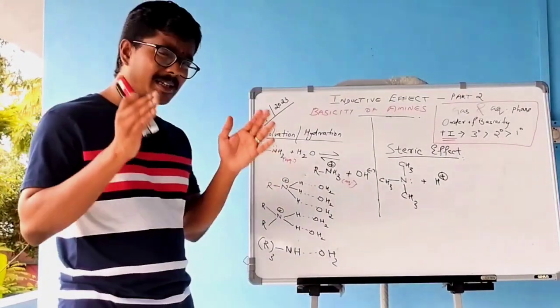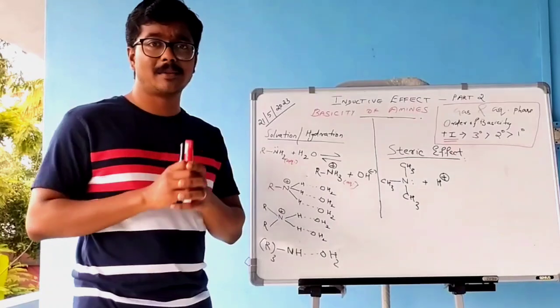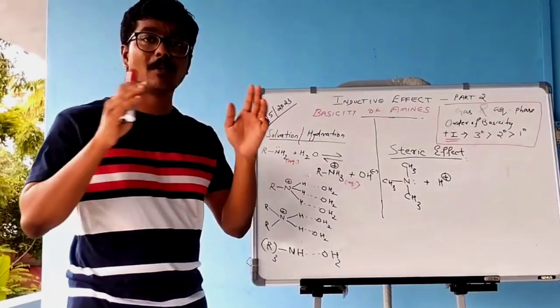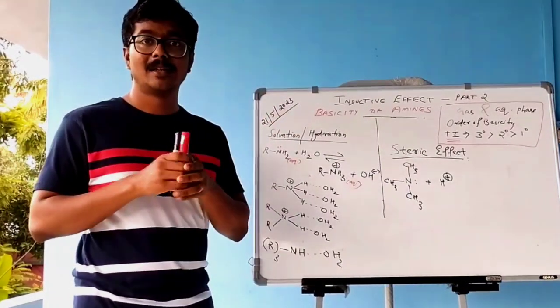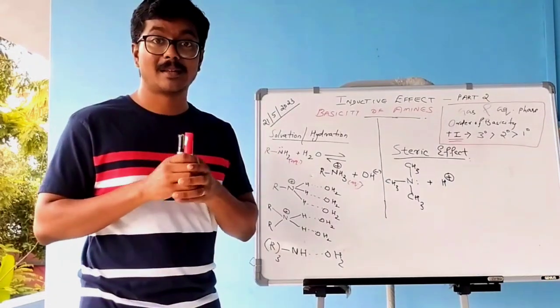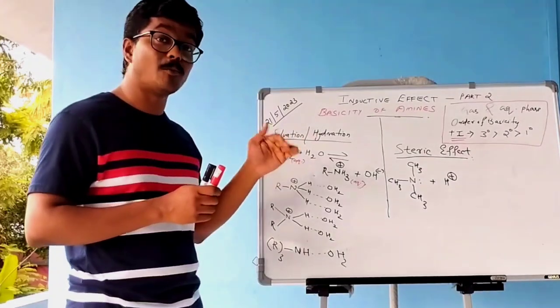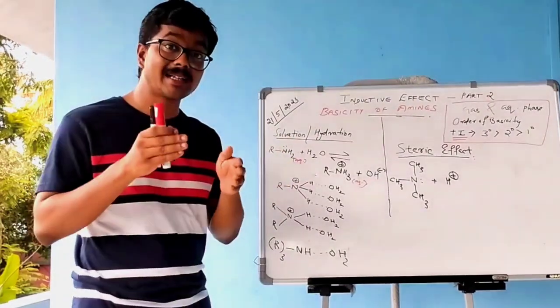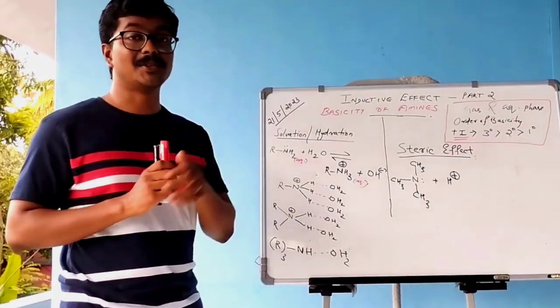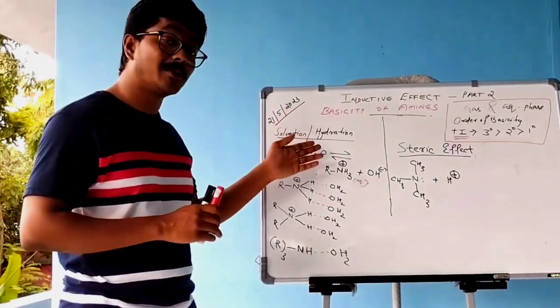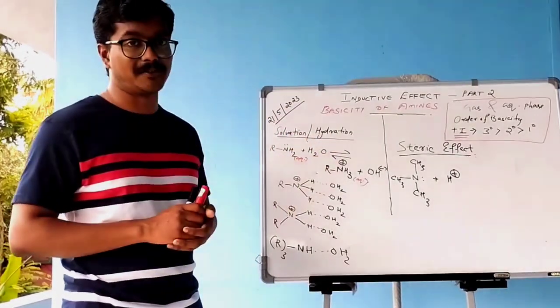It's when a solute is dissolved in a solvent, the solvent molecules surround the solute through certain bonds, whether it can be hydrogen bonds or van der Waals forces. When the solvent is water, it forms hydrogen bonds with the solute molecule. That is known as solvation effect. When the solvent is water, it is called hydration effect.